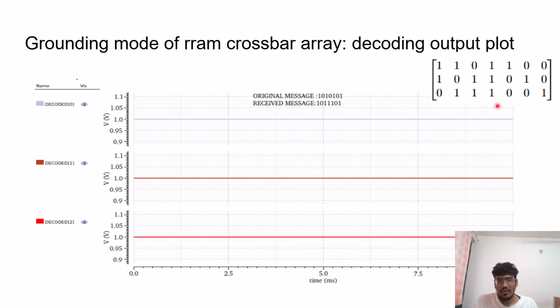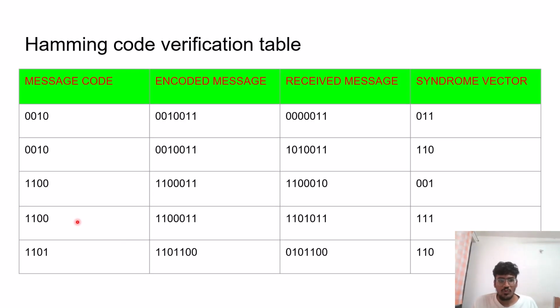In the parity check matrix, we can see that 111 is the fourth position, so the error will be in the fourth position. If there is no error in the received message, then the syndrome vector will be 000. Here we can see a few more message combinations and encoded messages, for which we are able to detect the error successfully.